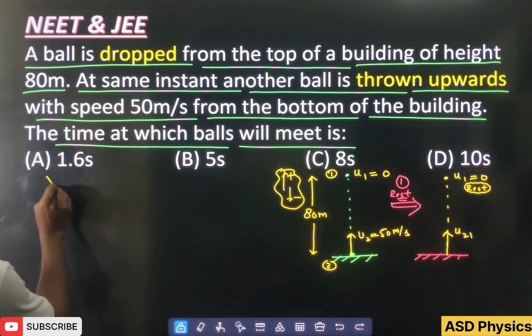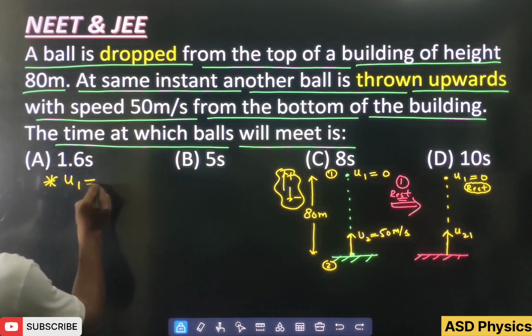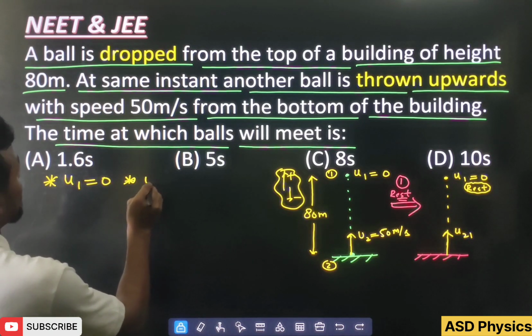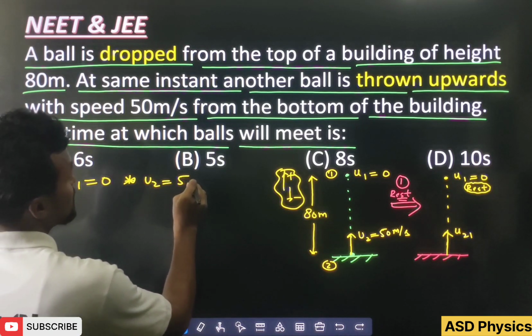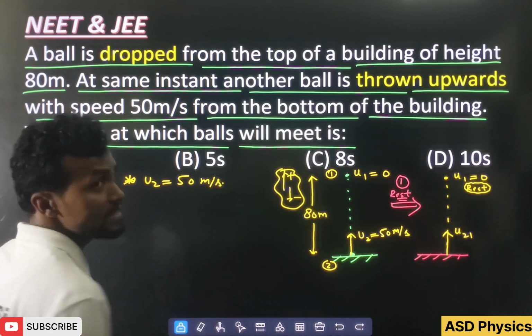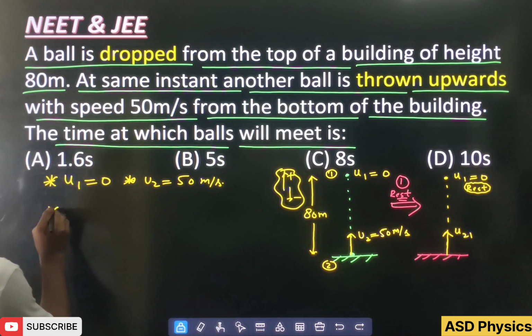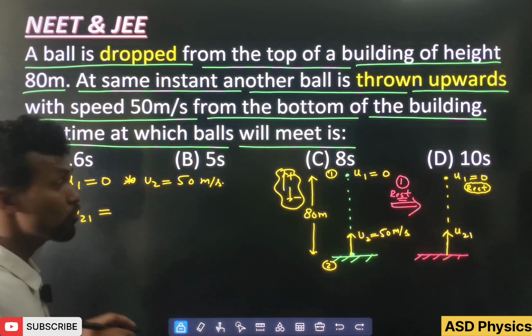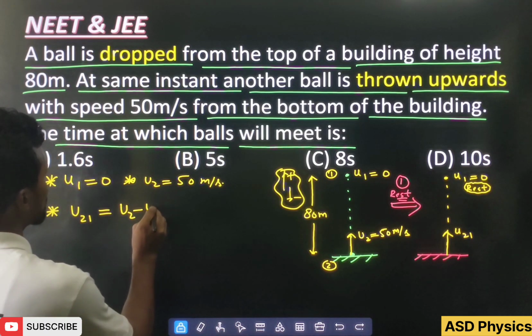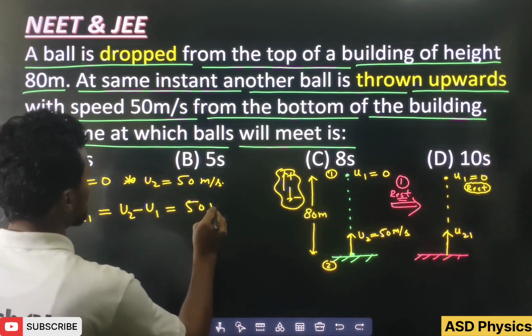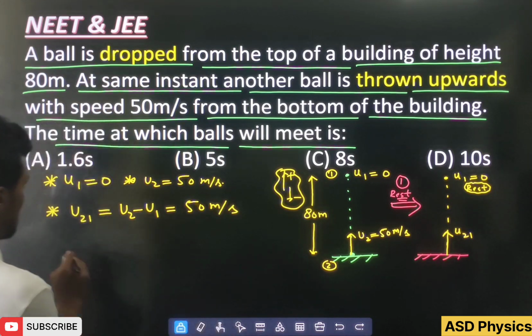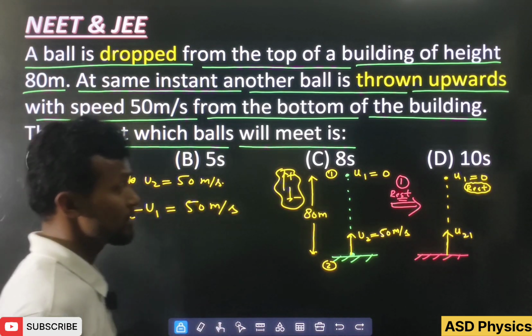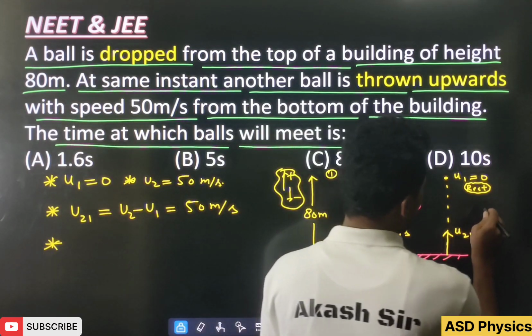Individually you know very well U1 equals 0 and U2 is 50 meter per second, by mathematical convention. As I have stopped ball 1, the velocity of ball 2 with respect to ball 1 is U2 minus U1, so it is 50 meter per second.